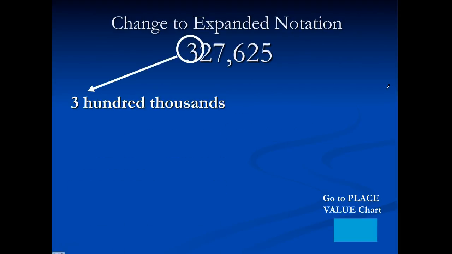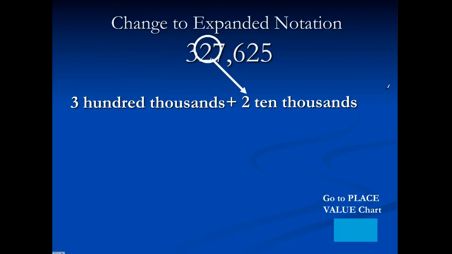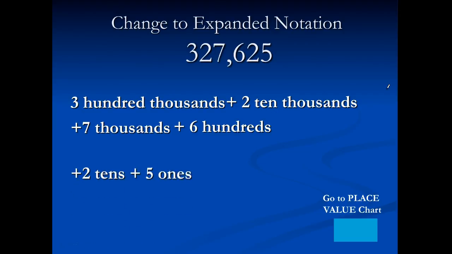And then expanded notation is when we actually realize that each of those digits represents a value, a place value, and the 3 means 300 thousandths, so you can fill that in on your notes. And then if you were to add 2 10,000ths, that's what the 2 means, and added to that would be 7 thousandths, and then I think on the rest of those words I filled in.